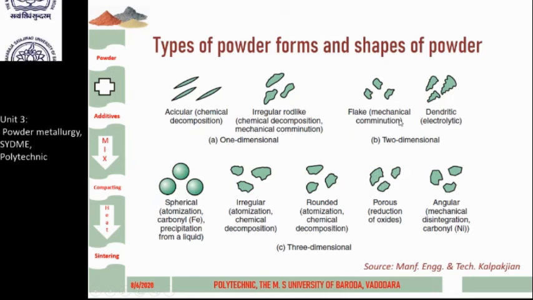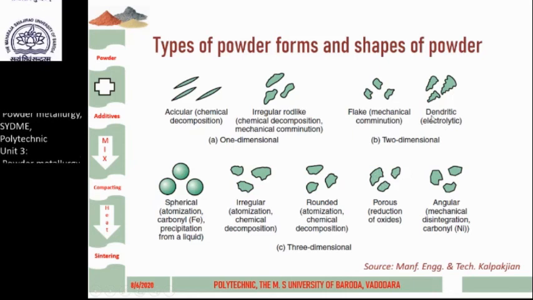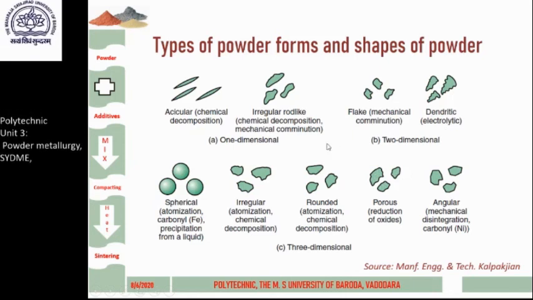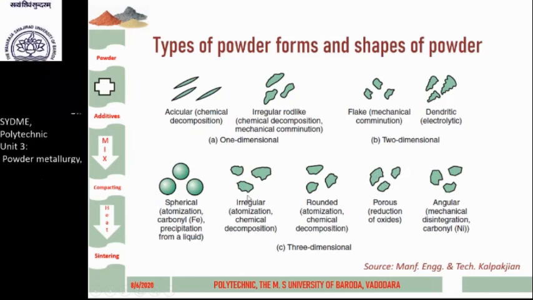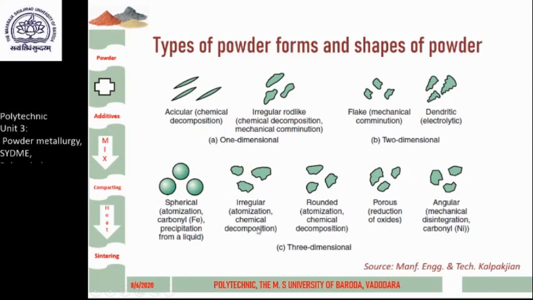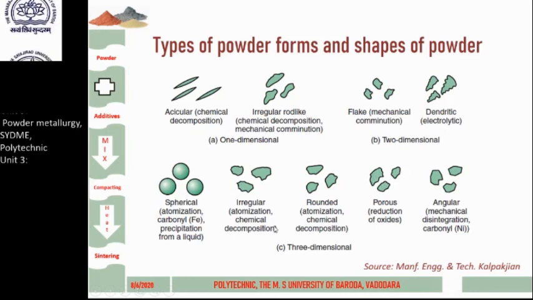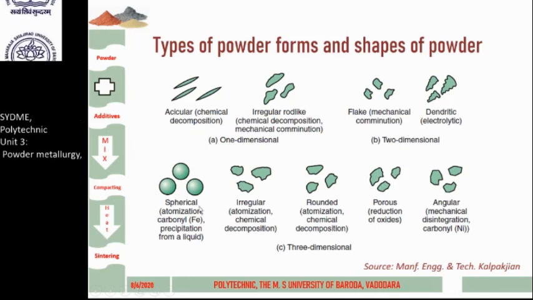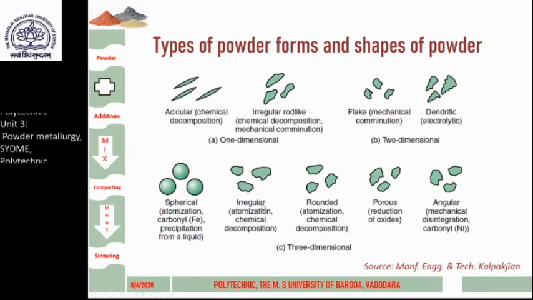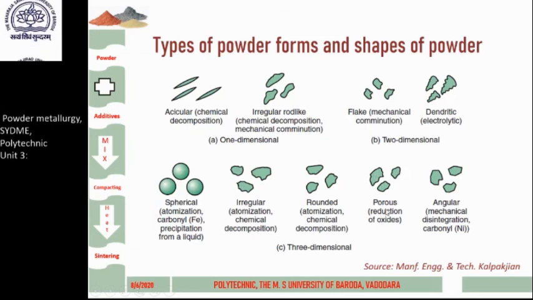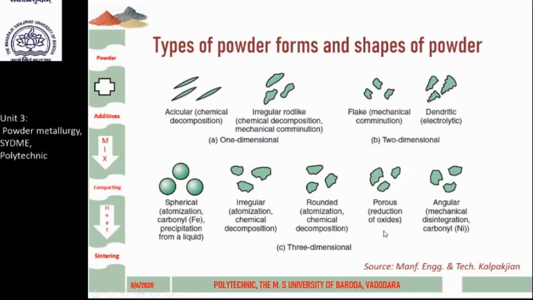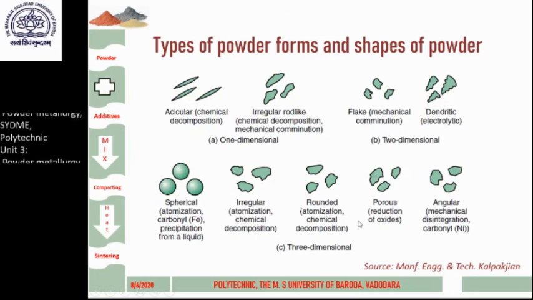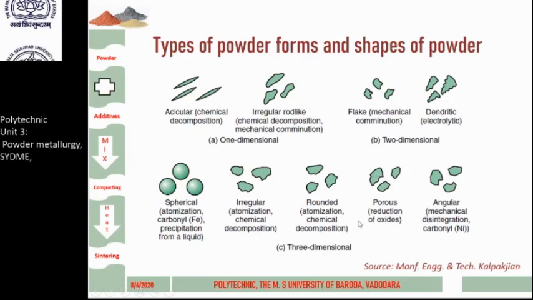Flakes, mechanical combination; dendrites, electrolytic process is used, then we get dendrites. Then in 3D, when we try to understand the different forms of the powder, we get spherical, irregular, rounded, porous, and angular. So these are different shapes and forms in which powder is available.